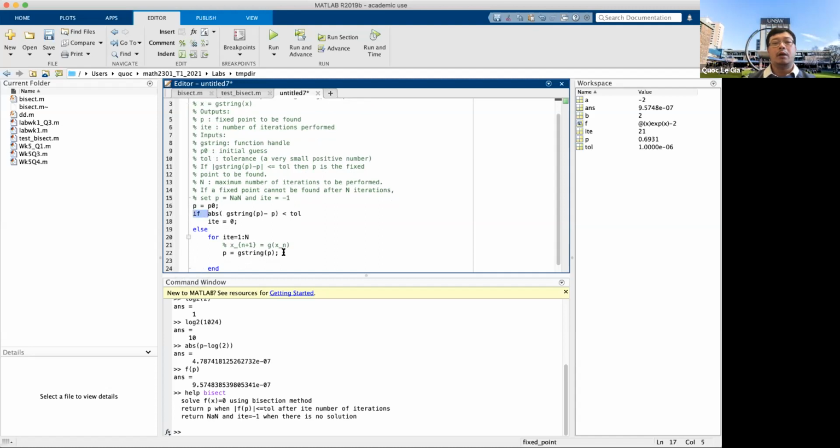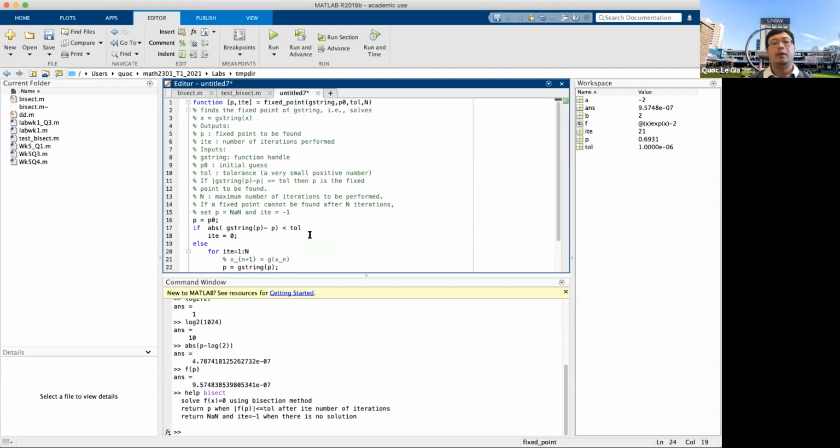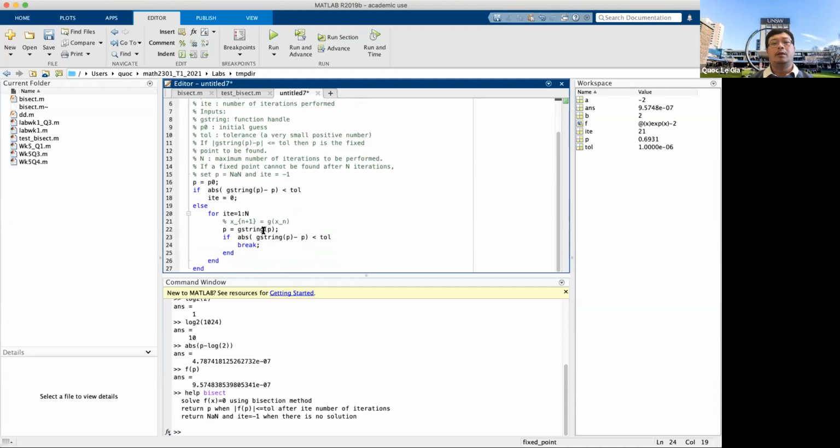So now I'm going to check whether my new p is the correct solution. Okay, so if it is the case, then I just stop. So I just break from the loop. And p is returned anyway.